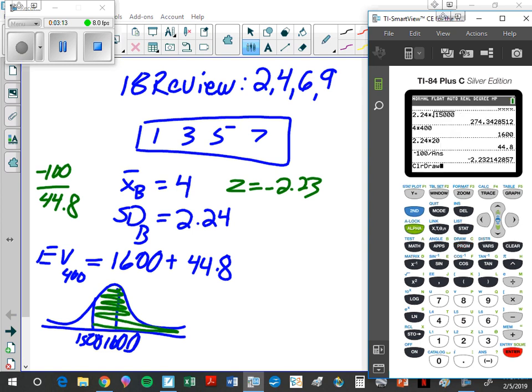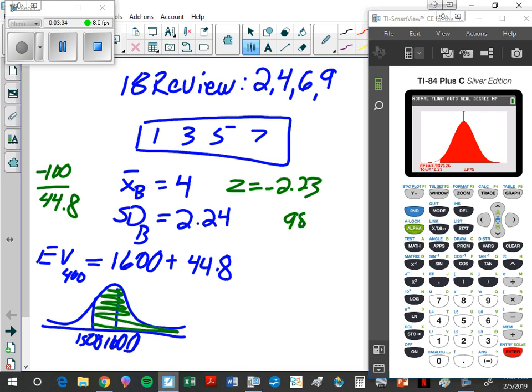So we'll shade norm from negative 2.23 to 5, and I get an area of 98.7.